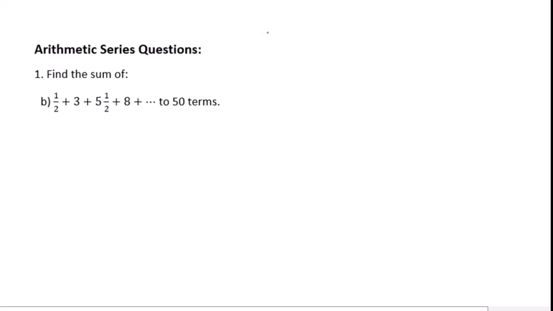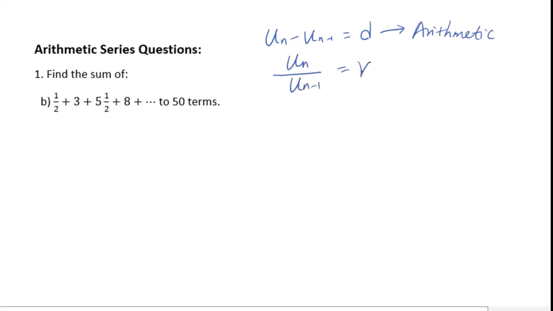Normally we use u sub n minus u sub n minus 1 equals constant d to decide this is arithmetic, and u sub n over u sub n minus 1 equals constant r to decide this is a geometric sequence.